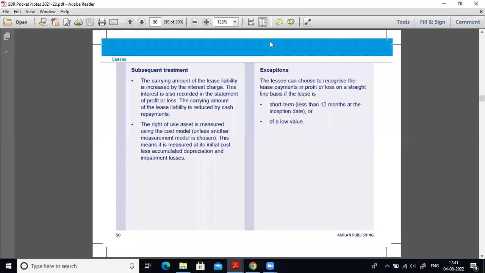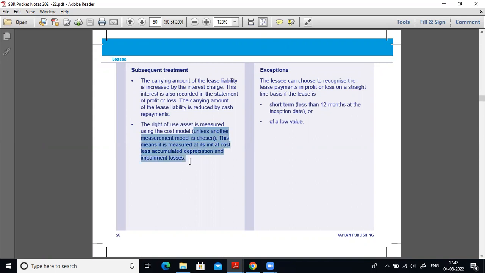Now, this particular lease liability amount will be reduced by the lease rentals paid. And the right to use of asset is measured using the cost model. Very, very important statement. The right to use of asset is measured using the cost model unless another measurement model is chosen. And this means it is measured at its initial cost less accumulated depreciation and impairment losses.